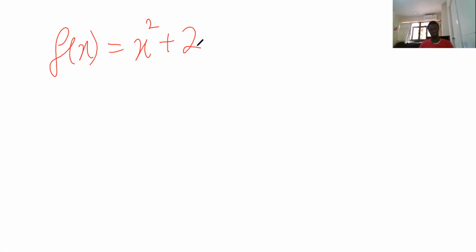Can I ask the question again? Is this a function? F of x defined as x squared plus 2. Is it a function or a relation, and why? For different x's, you might still get the same y, so it's not a function.